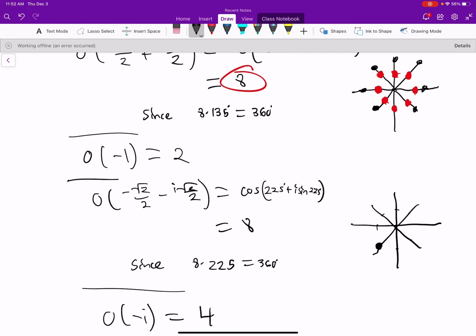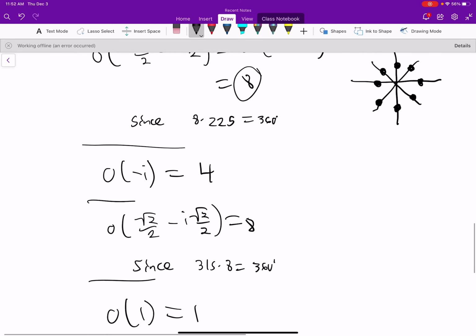Then 1, 2, 3, 4, 5 again, repeating around. And we can see that there's 8 dots. That took us 8 times around, 8 iterations of that, or we took it to the 8th power in order to get back to 1. So we know the order is 8.